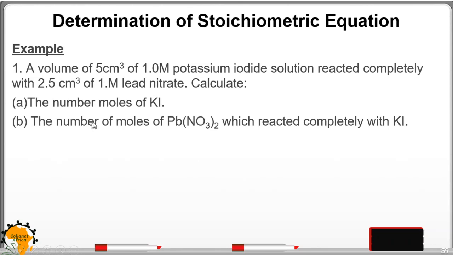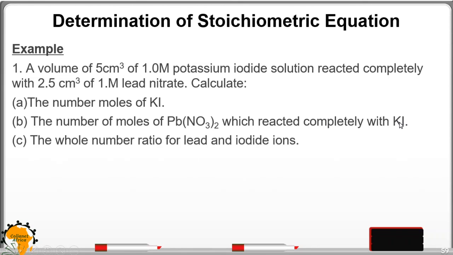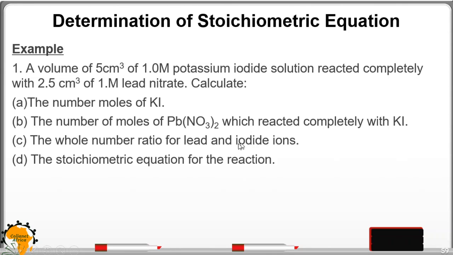B. The number of moles of lead nitrate which reacted completely with potassium iodide. C. The whole number ratio for lead and iodide ions. D. The stoichiometric equation for the reaction. Then E. The ionic equation.